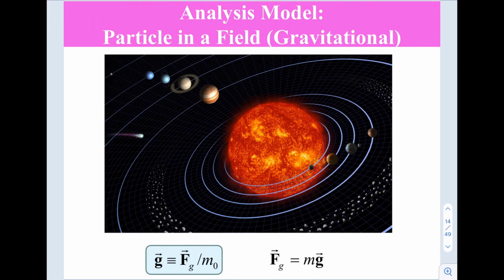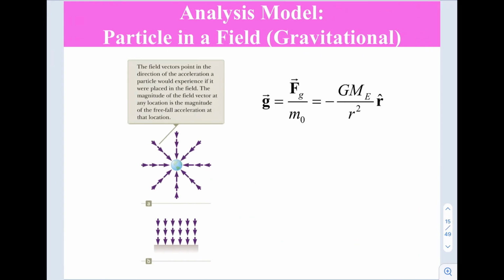The gravitational acceleration on the surface of any planet, for example the Earth, since we are considering an object on the Earth's surface, is g experienced by the object, which is Fg over m of the object. From previous knowledge, Fg is equivalent to mg.